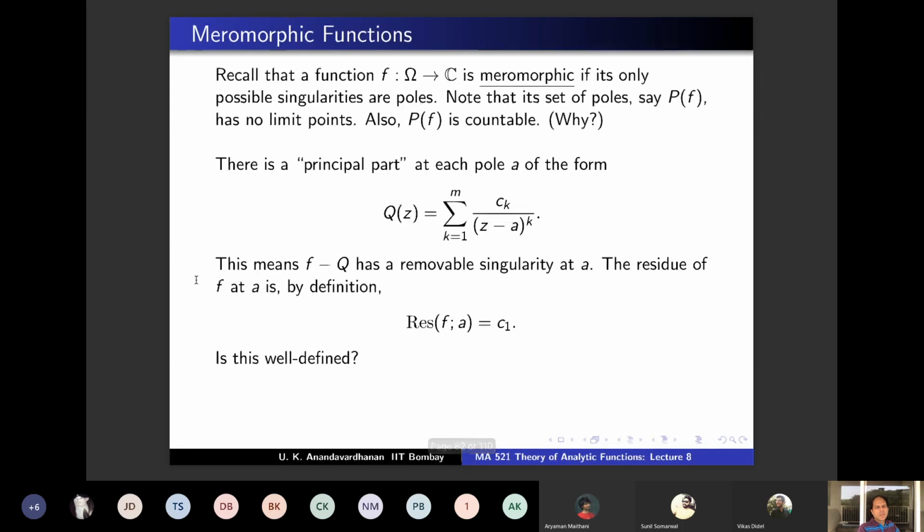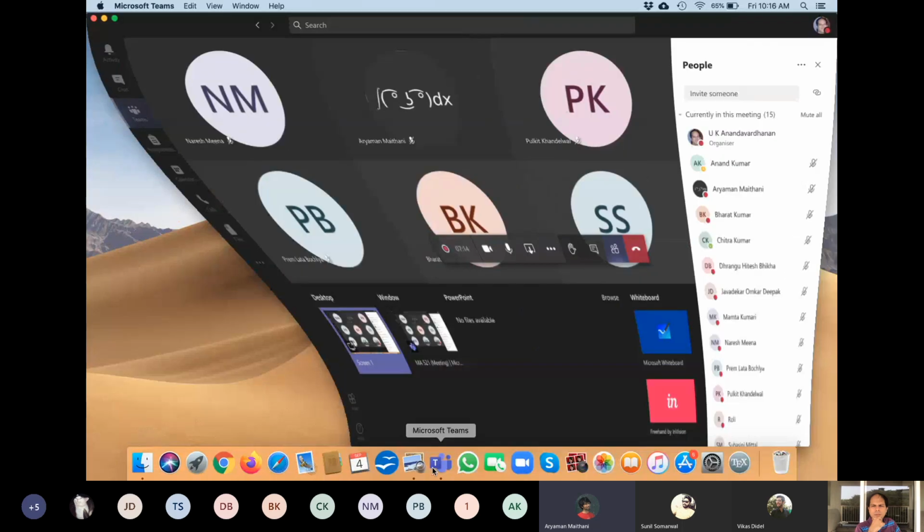First question: is this well defined? What does this mean? Why is it true that this definition makes sense? Can someone quickly tell me? They must have the same coefficient C1.